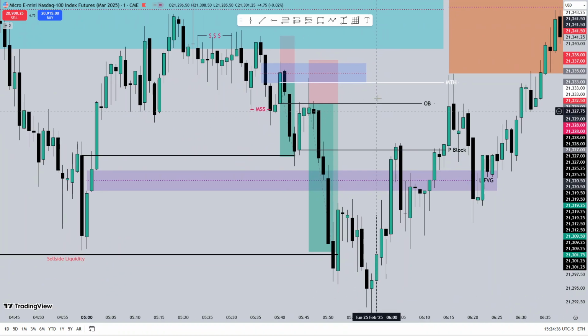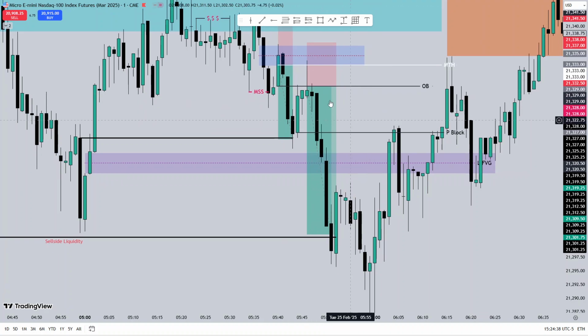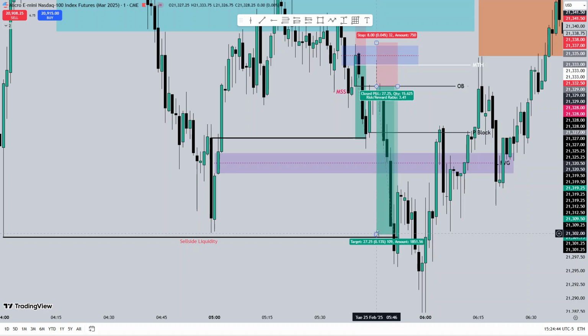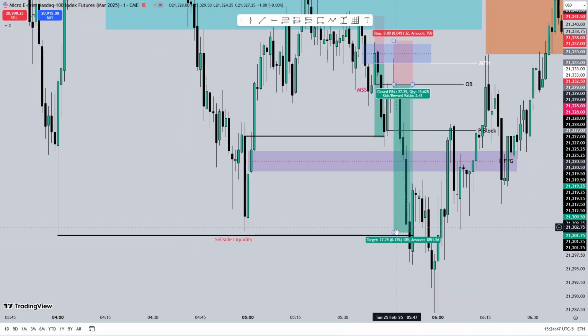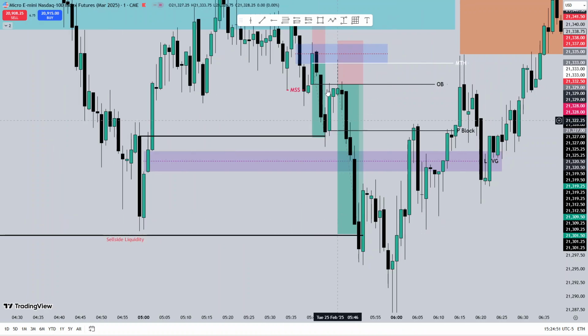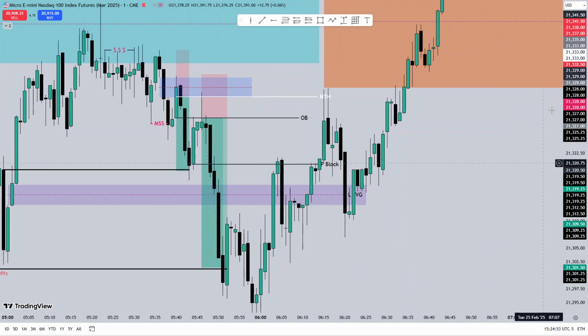Over here we can see a quick reaction, huge reaction. I put my target profit onto this sell side liquidity and I got my profit.